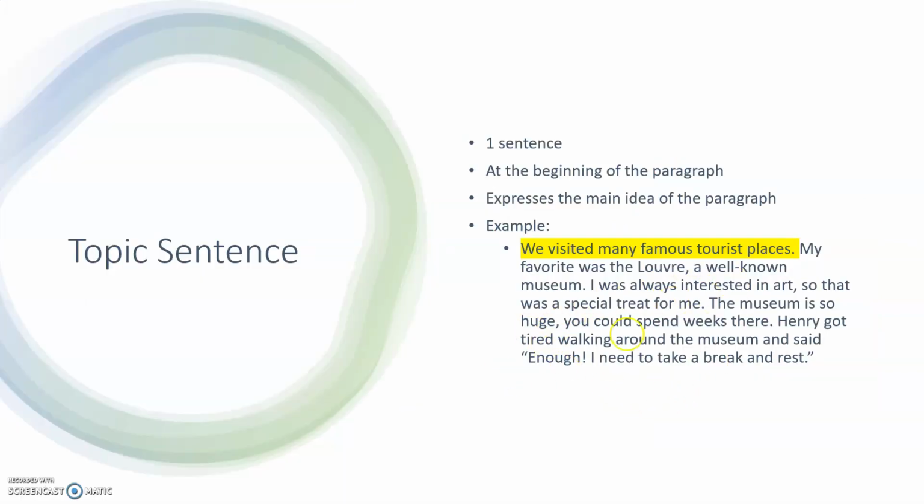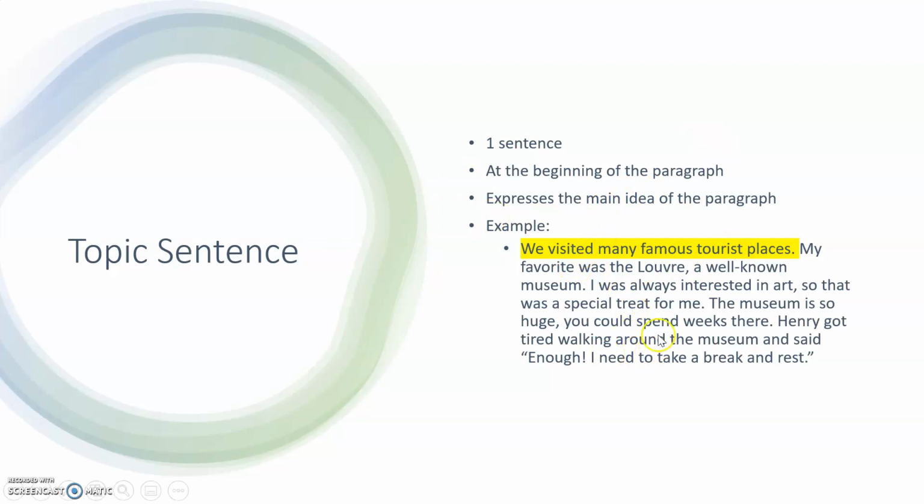So the topic sentence is one sentence at the beginning of the paragraph, and it expresses the main idea of the paragraph. So when I read the topic sentence, I should be able to know what the rest of the paragraph is going to be about.